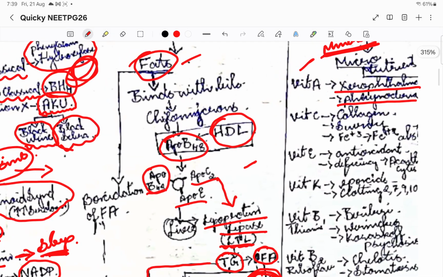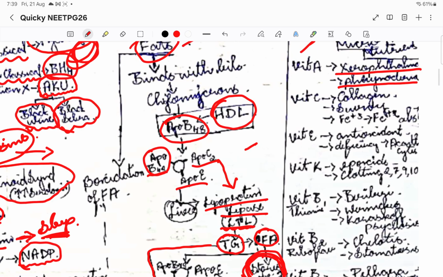Bitot's spots, xerophthalmia and all these things you would have learned in your final year. Just go through it once. If vitamin A deficiency is there, eye symptoms will be there. That will be there in our clinical cases also, so that is how you can identify it.